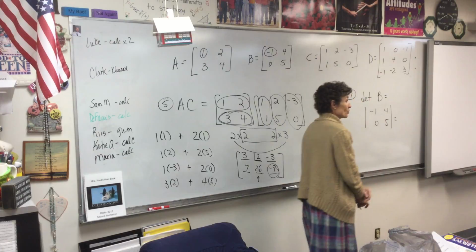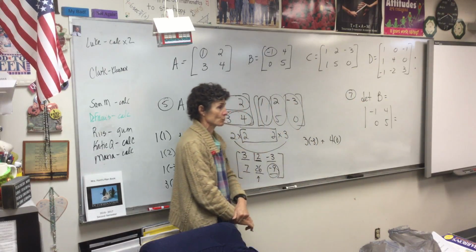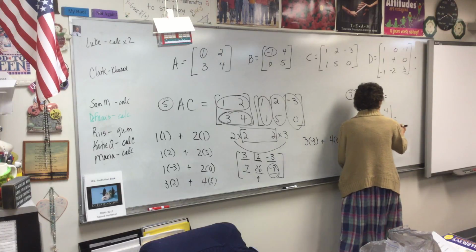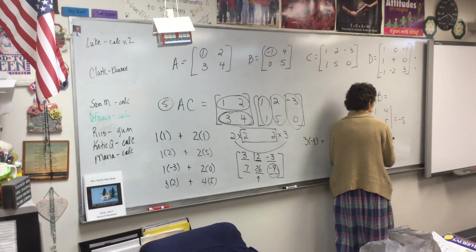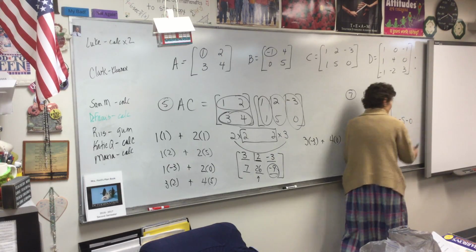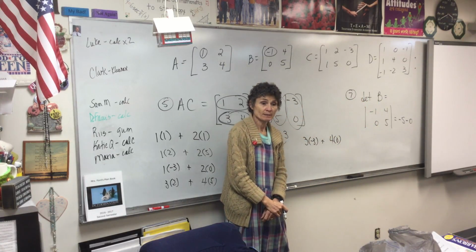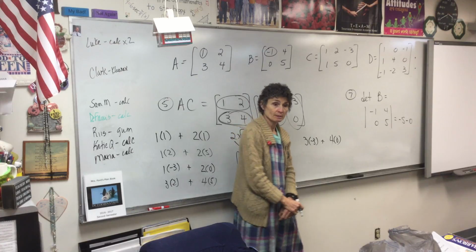So how do we do a determinant? We just practiced it with Cramer's rule. Negative 5 minus 0. So that determinant would be negative 5.